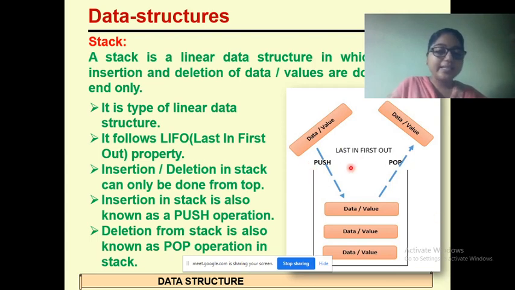And this is a diagram which demonstrates the stack. The operation to insert values in the stack is known as push operation, and the operation which is used to remove elements from the stack is known as pop operation. So remember these two operations.